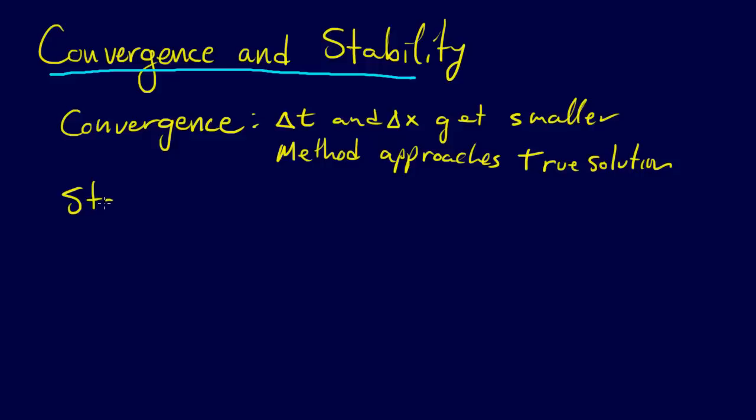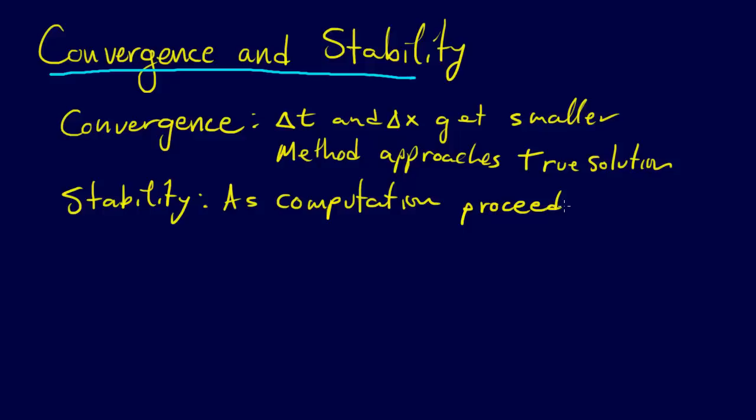And stability means that in each step of the computation, as the computation proceeds, errors get smaller. Okay, that's not generally true, and we saw instability problems.